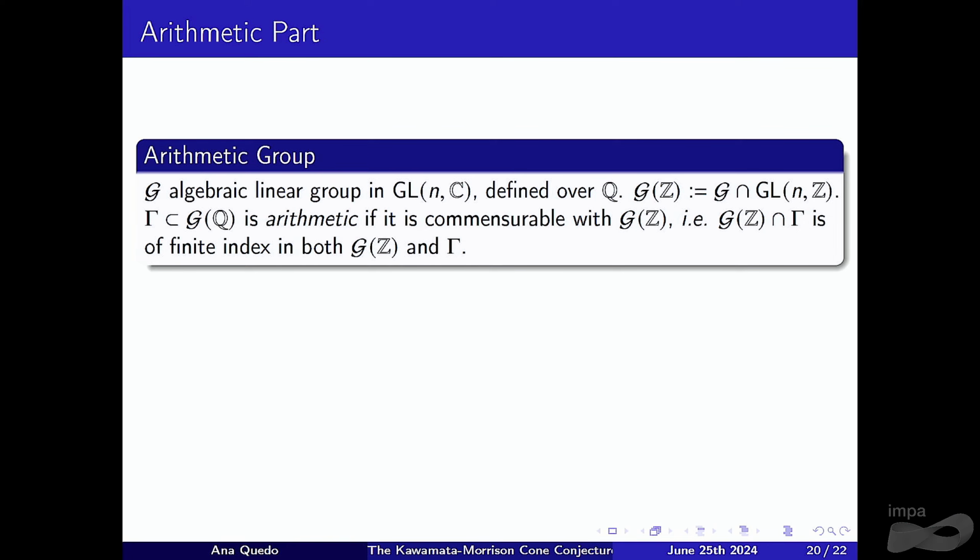And a group is arithmetic if it has more or less the same size as this GZ, meaning more precisely that it is commensurable with GZ. So the intersection of GZ and this group is of finite index in both GZ and gamma. And as I said, GZ corresponds to the matrices in G with Z entries.